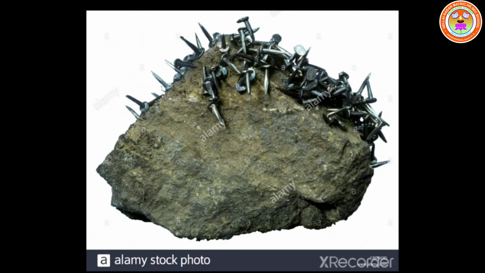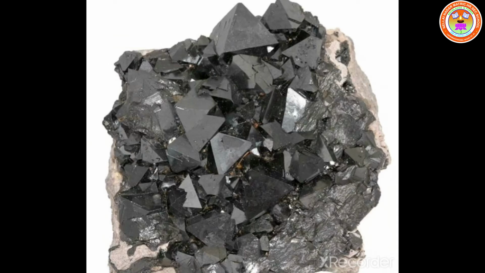The strongest natural magnet is lodestone, or magnetite. The magnetic property in the natural magnet is permanent. It never gets destroyed. Lodestones were used to make compasses in the olden days.